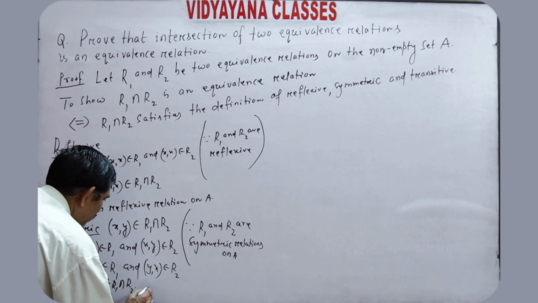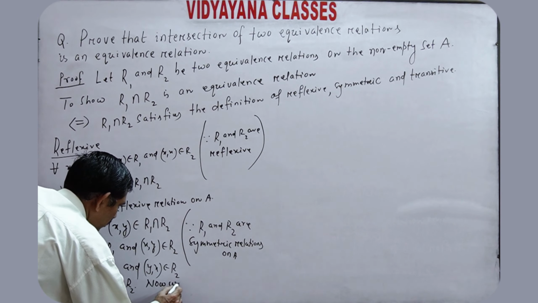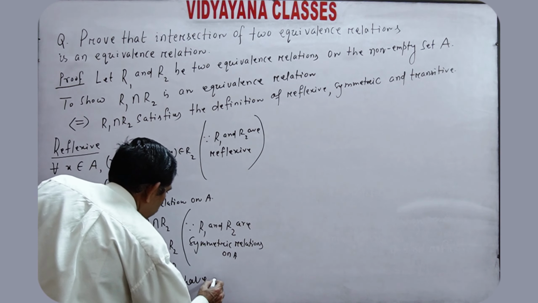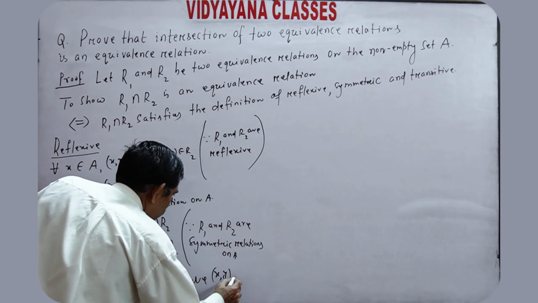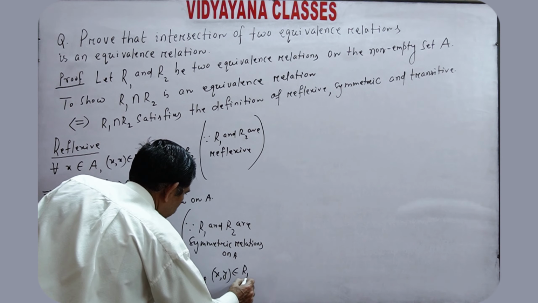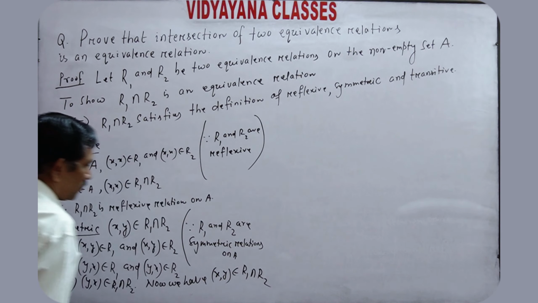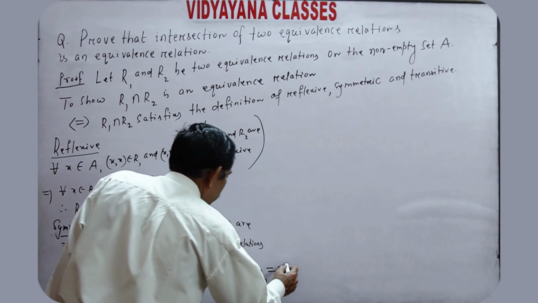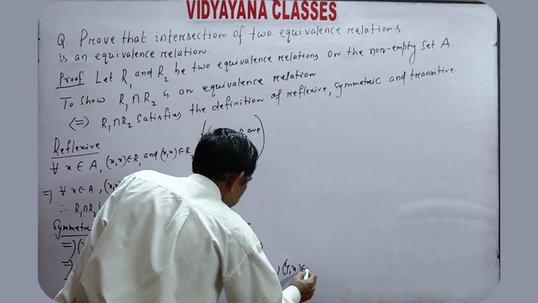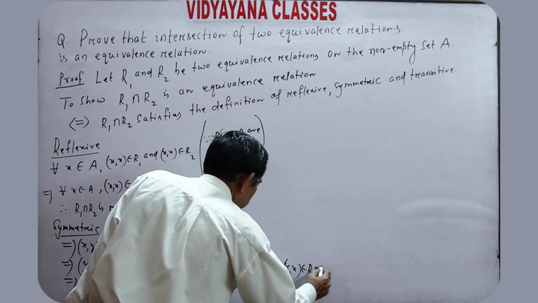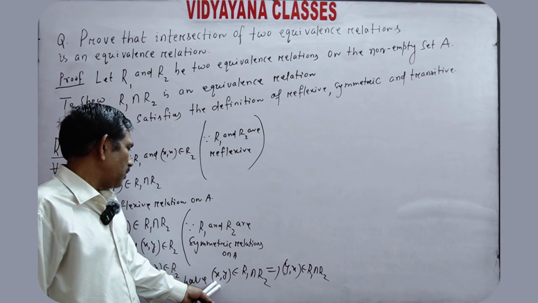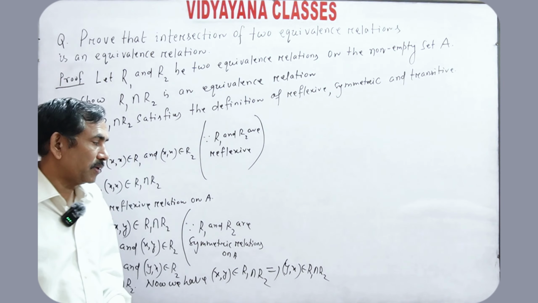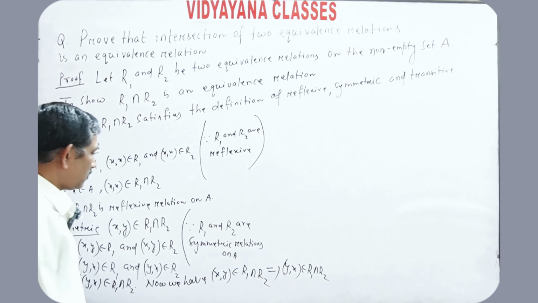Now we have (x,y) belongs to R1 intersection R2 implies (y,x) belongs to R1 intersection R2.